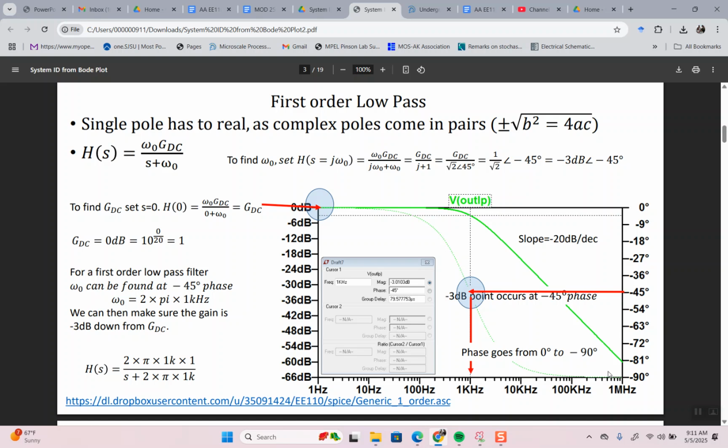But you can tell that if you're only going to minus 91, you can tell that it's first order because there's a 90-degree phase difference. Two, you can tell it's not inverting because it goes from 0 to minus 90, right?